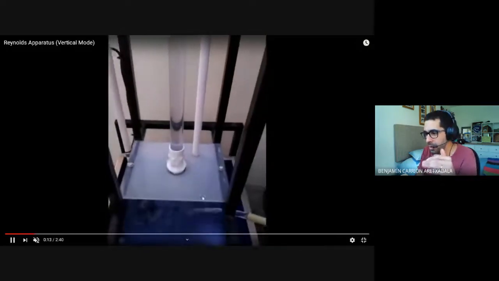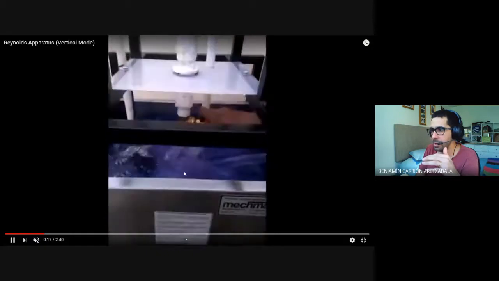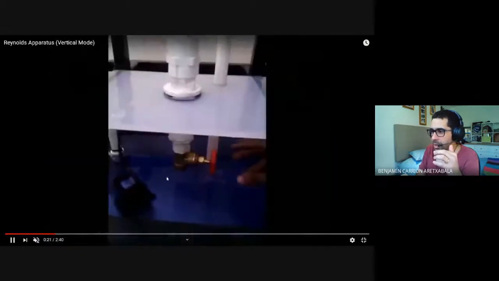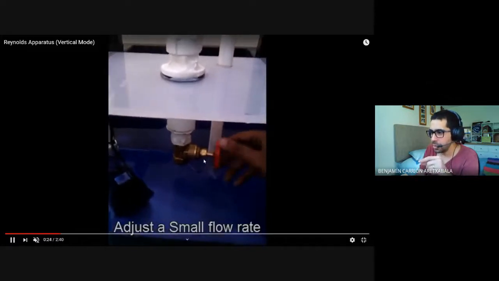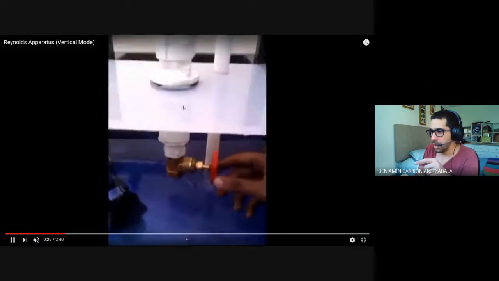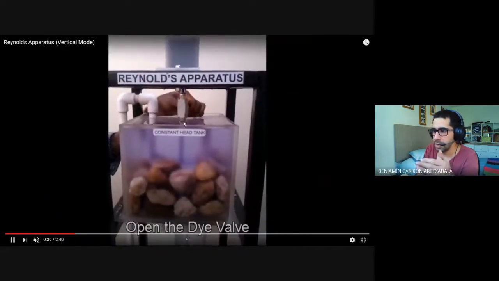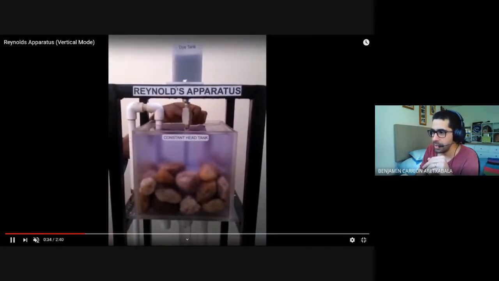Don't mind much about the details, but what you have here is a tank in the upper part, and then a transparent pipe coming down from the tank. You have a valve on the bottom, and you can control how much water is going down. What you aim for in this tank is to have a constant head.